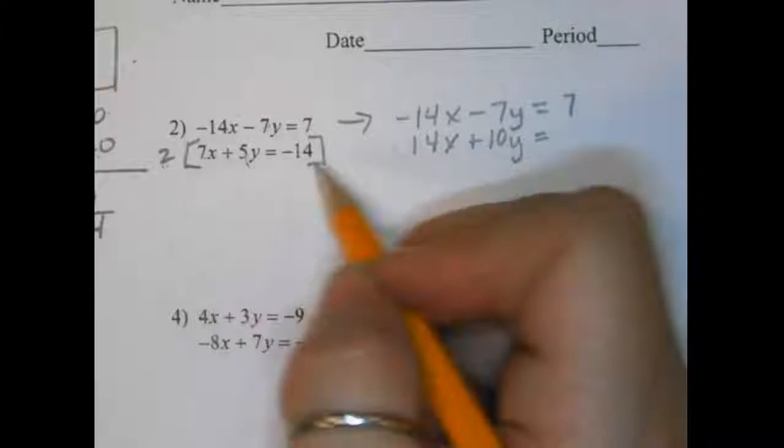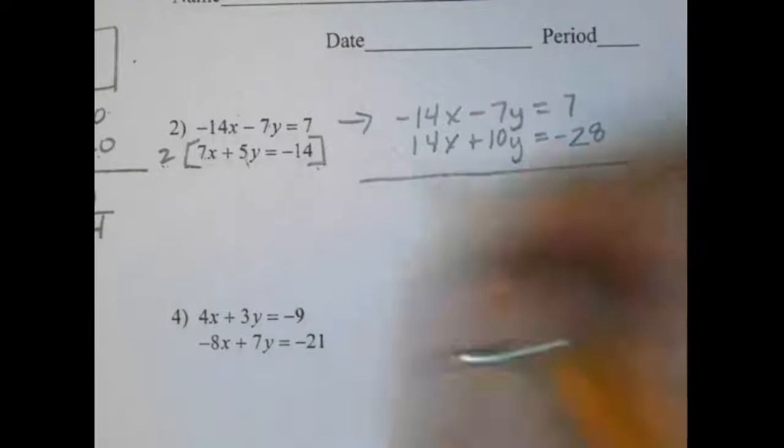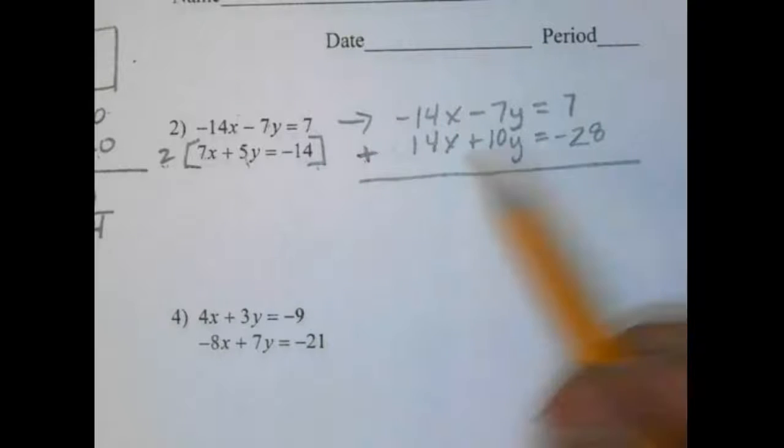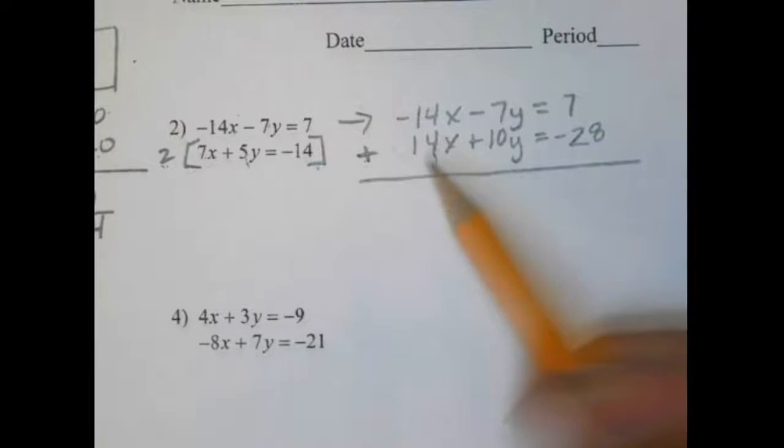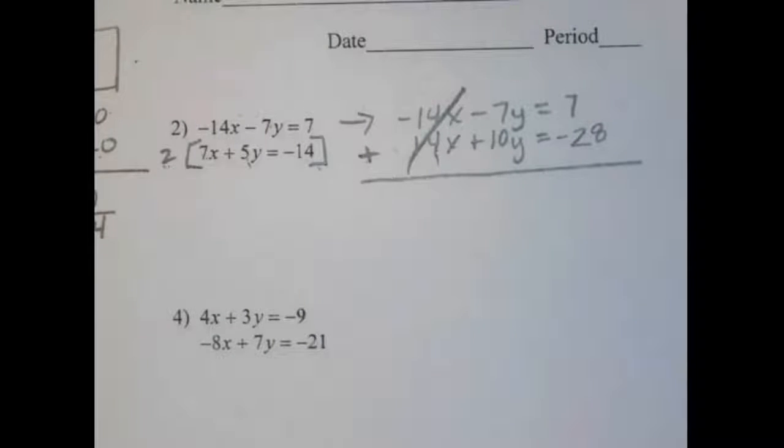And 2 times a negative 14 becomes a negative 28. So when I add these together, my x is going to eliminate. Absolutely, they're just going to cross out. Because negative 14 plus 14 is 0. If I looked at 14 on that number line and I went to the right 14 spaces, I'm going to end up at 0. Okay, they're going to wipe out.